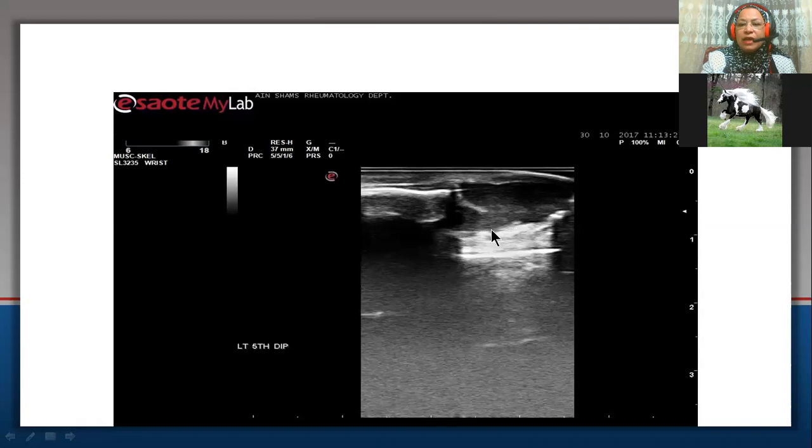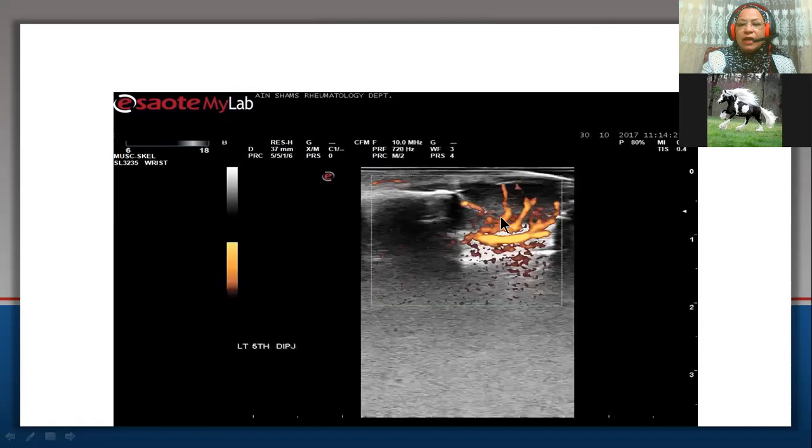It was displaced downward with increased thickness of the nail bed, together with appearance of a hypoechoic lesion at the nail bed immediately overlying the downward displaced irregular distal phalanx. On Doppler ultrasound, there was a highly vascular lesion at the nail bed just overlying the displaced irregular distal phalanx.